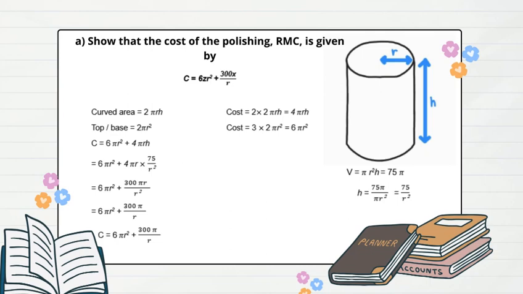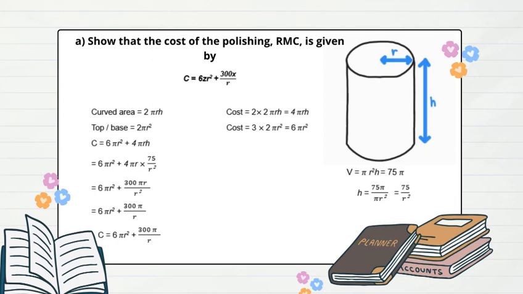The top and base area is 2 pi r squared and the cost is 3 ringgit, so 3 times 2 pi r squared equals 6 pi r squared. Adding them together, the cost C equals 6 pi r squared plus 4 pi r h. Notice that 6 pi r squared is in the formula, but 4 pi r h is not. Somehow this has to be transformed into 300 pi over r.